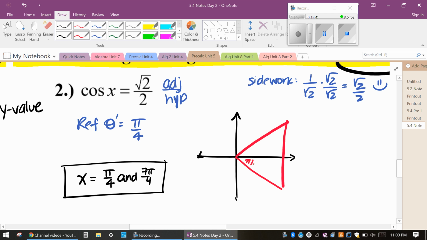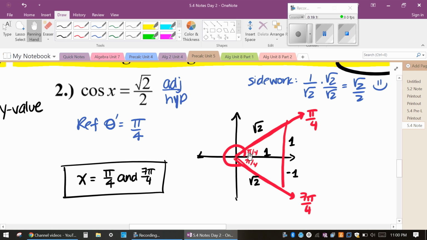The reference angle for both of these is pi over 4, remember? The side lengths were 1, 1, root 2 for that triangle. For this one, it was -1 and root 2. But both of these angles, 1 pi over 4 and the one that went down or up and around, 7 pi over 4, if you take the cosine of those angles, so cosine is adjacent over hypotenuse.